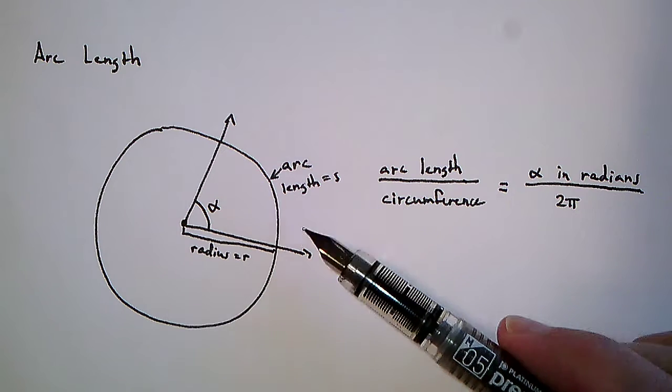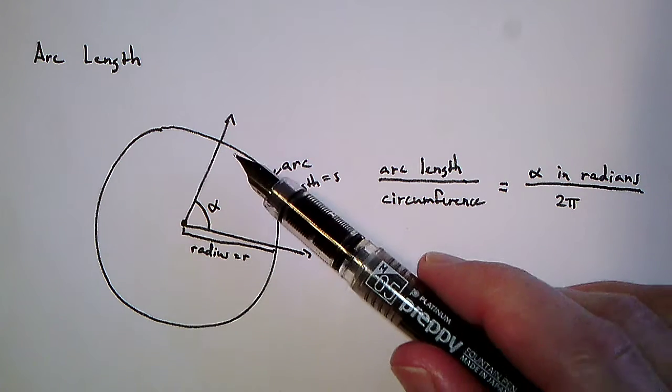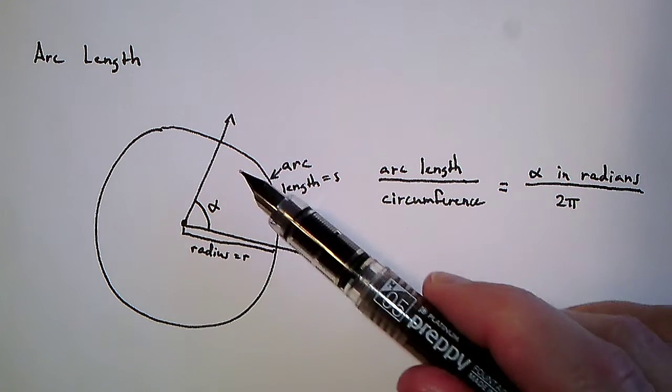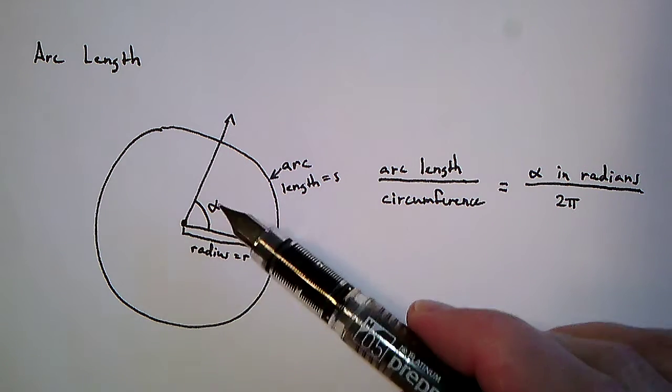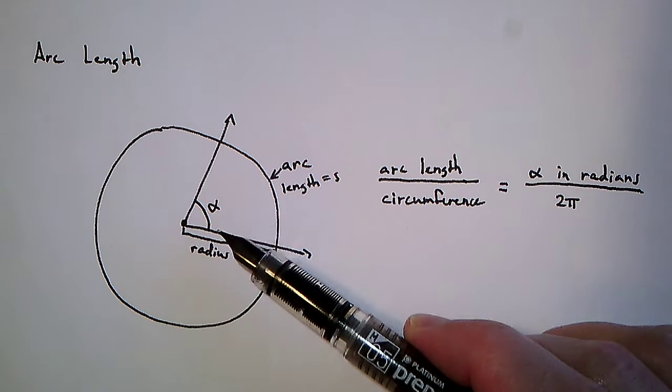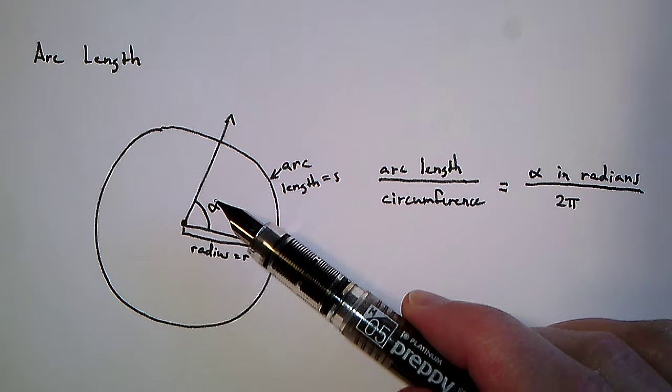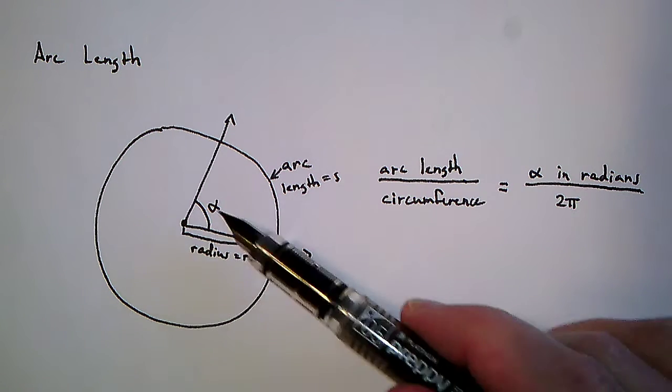And an important thing to keep in mind here is that the proportion of the arc length to the total circumference is the same as the proportion of alpha, the angle in radians, to 2 pi, all the way around the circle.